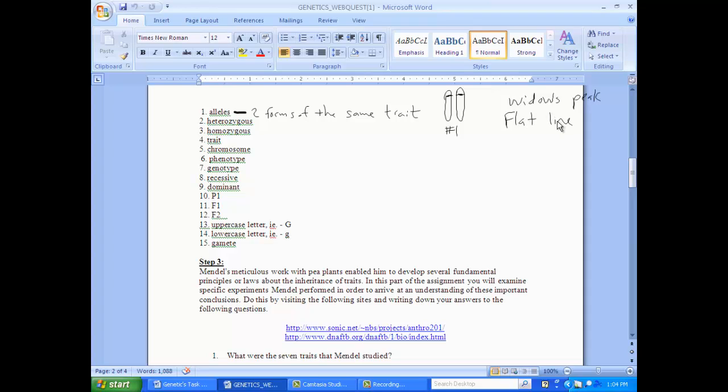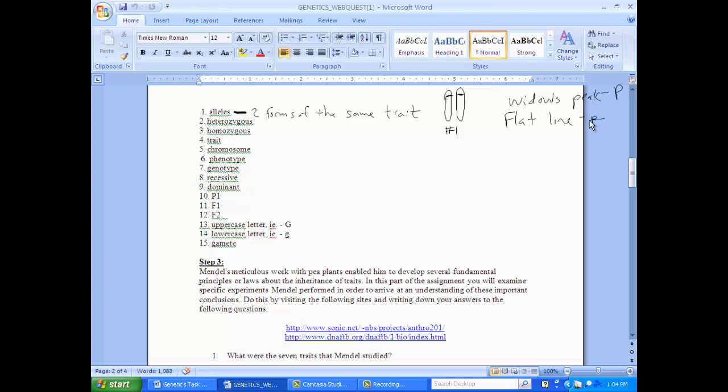All right. So if widow's peak, guys, as far as alleles go, if widow's peak is dominant, how do we represent that? Uppercase. So we'll use uppercase P. If a flat line on the forehead is recessive, it's a lowercase p. So those are two different alleles. Those are alleles for the same trait, hairline. Okay?